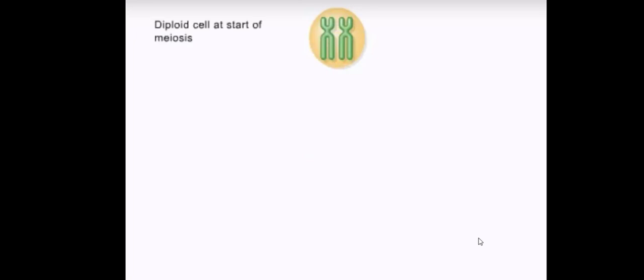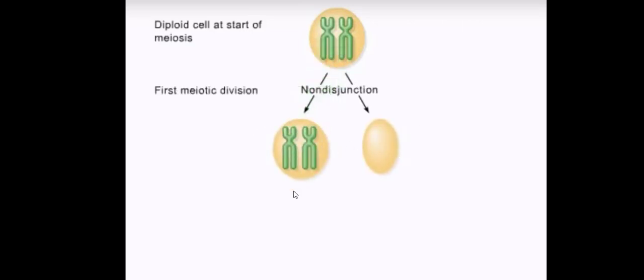Now we first focus on non-disjunction in meiosis 1. If the homologous chromosomes fail to separate, then one cell is produced with both homologous chromosomes and the other cell has no copy of this chromosome.